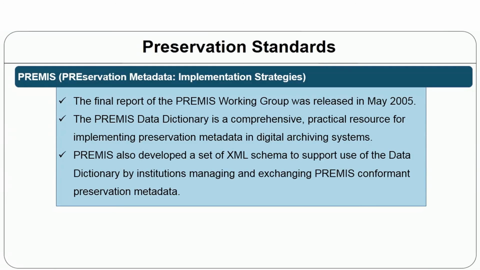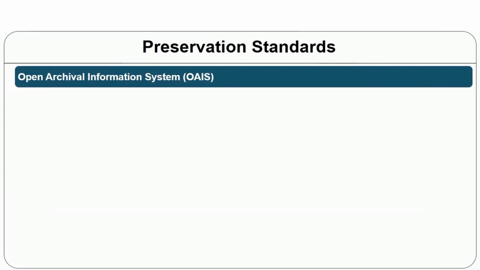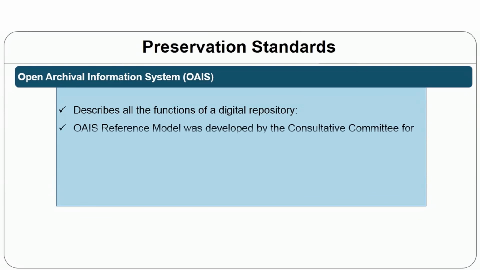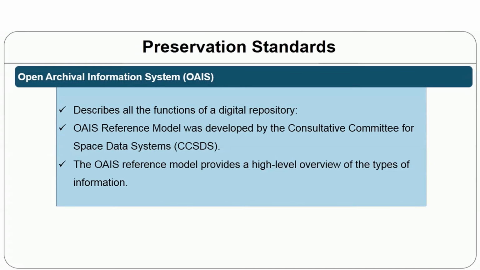PREMIS is also developed as a set of XML schemas. One standard, Open Archival Information System, OAIS, describes all functional repositories. I am just telling all these formats or standards just for your further reading. The OAIS reference model was developed by the Consultative Committee for Space Data Systems. The OAIS reference model provides a high-level overview of types of information, the preservation description information, PDI, and the presentation.